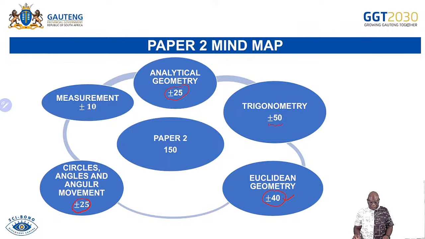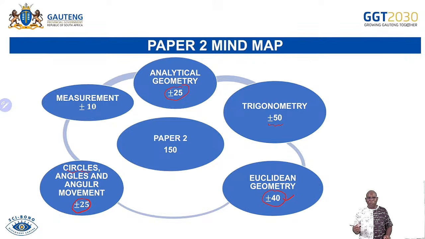We're going to look at circles, angles, and angular movement, which is plus minus 25 marks. In this topic, it's nice because all the formulas given there are also indicated: this is the formula for angular velocity, this is the formula for arc length.